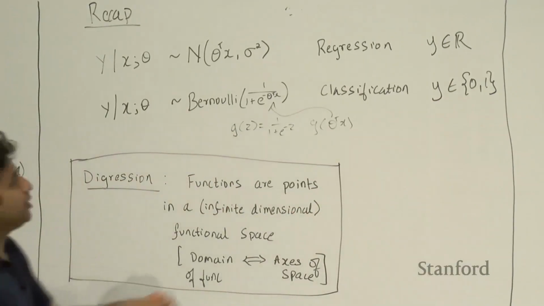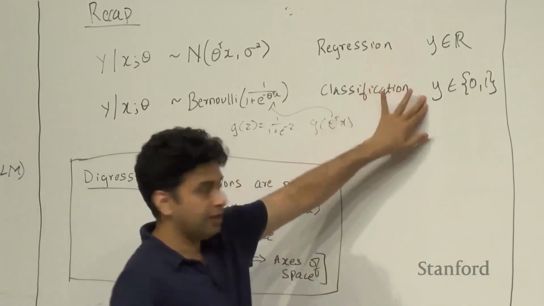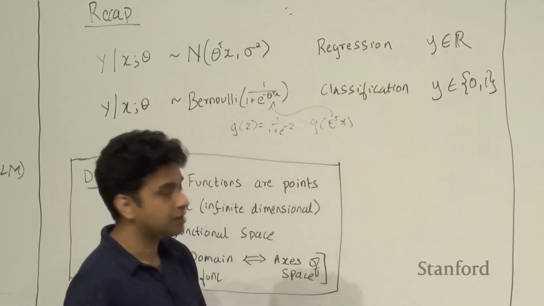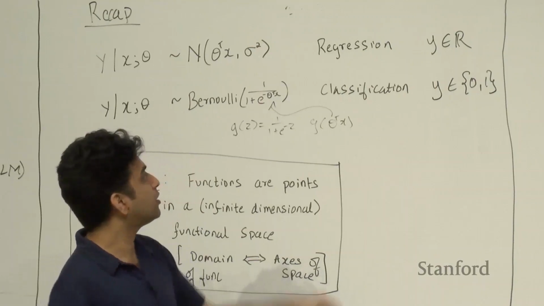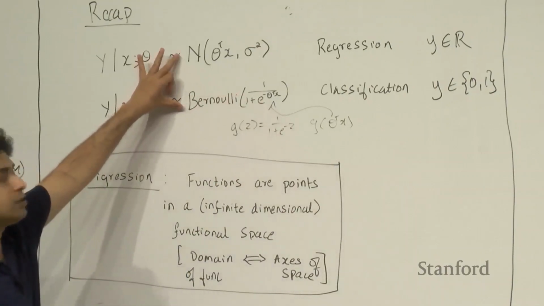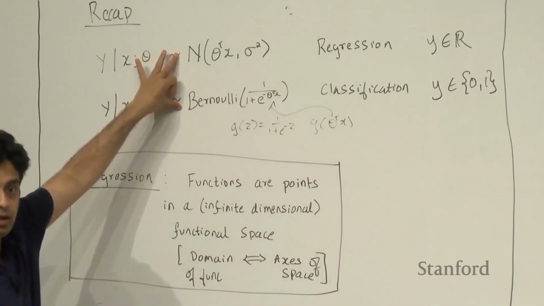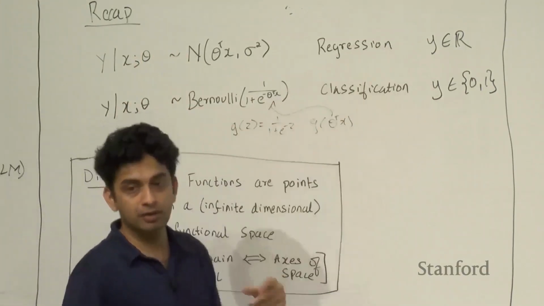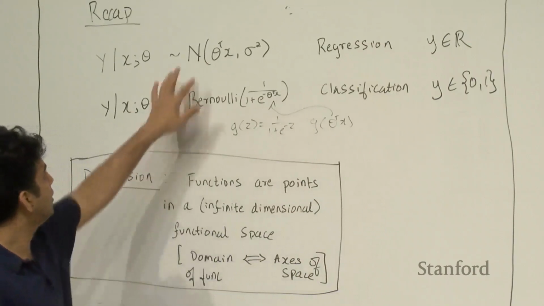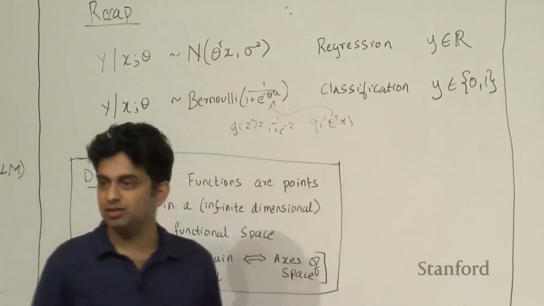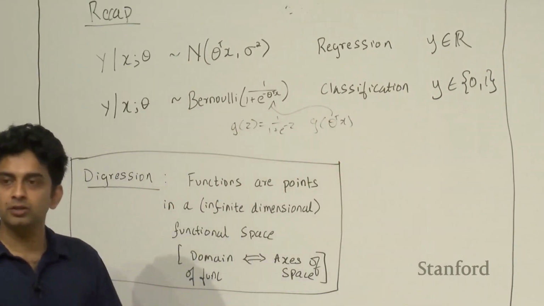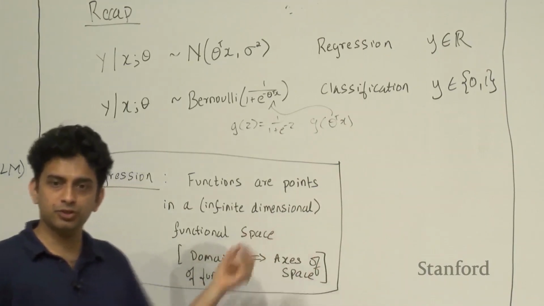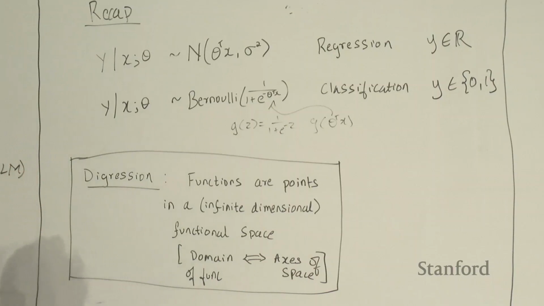And the data type of y, whether real valued or discrete binary valued, informed our choice of the distribution that we used. It doesn't make sense to define a Bernoulli over real valued, and similarly it doesn't make sense to define a normal distribution on discrete valued. So the choice of the data type of y informed the choice of the distribution.